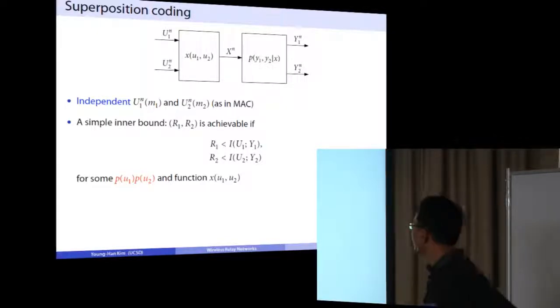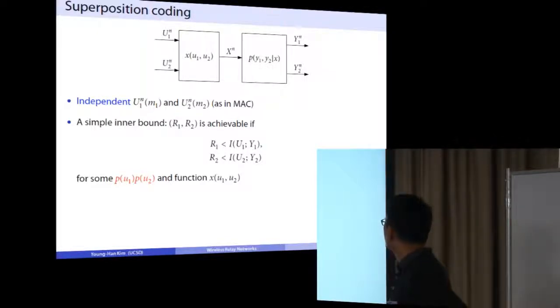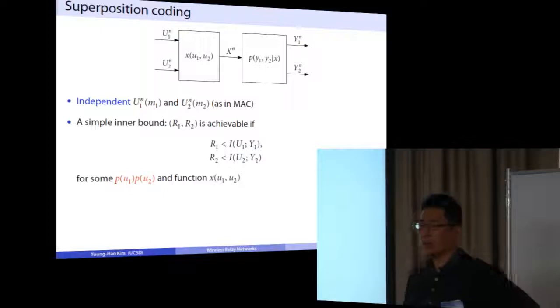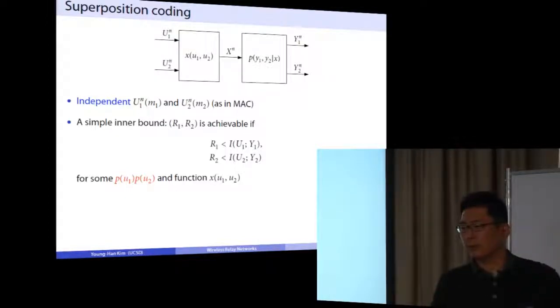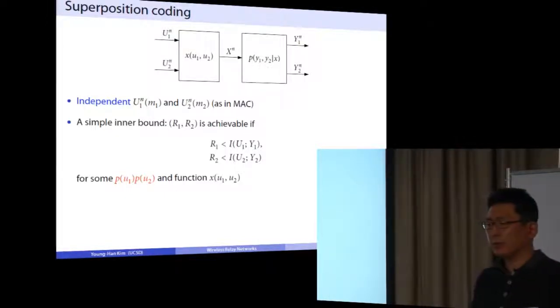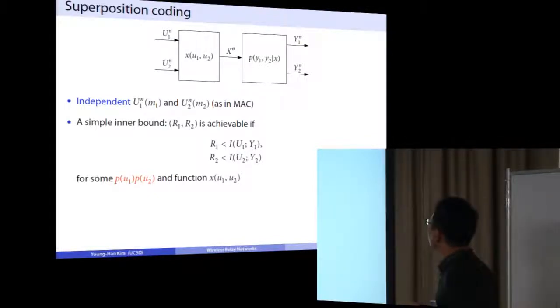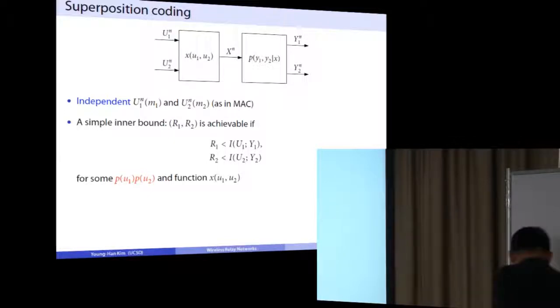I don't understand why, before, you had I(X1; Y given X2), and here you don't have I(U1; Y1 given U2). Why, before, you didn't know the X at the receiver? If you go back to the previous picture. Right, go back.